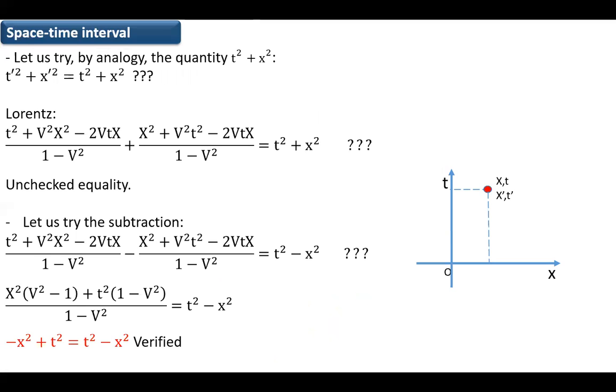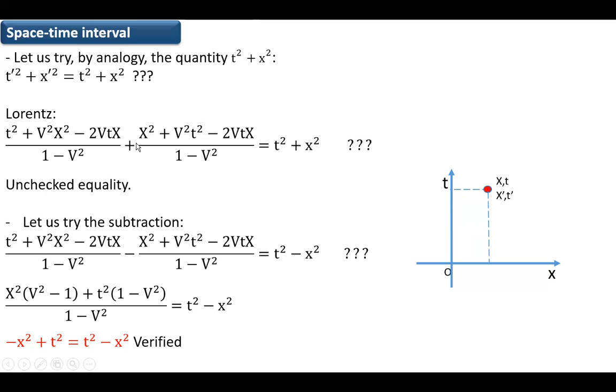Let us just try by analogy to a Euclidean space. Instead of taking x squared plus y squared, let's try with x squared plus t squared. Is it equal to x prime squared plus t prime squared? If you use Lorentz, you replace t prime and x prime by their values with the equation of Lorentz, (t minus vx) squared and (x minus vt) squared. If you replace, you will see that this equality is unchecked.